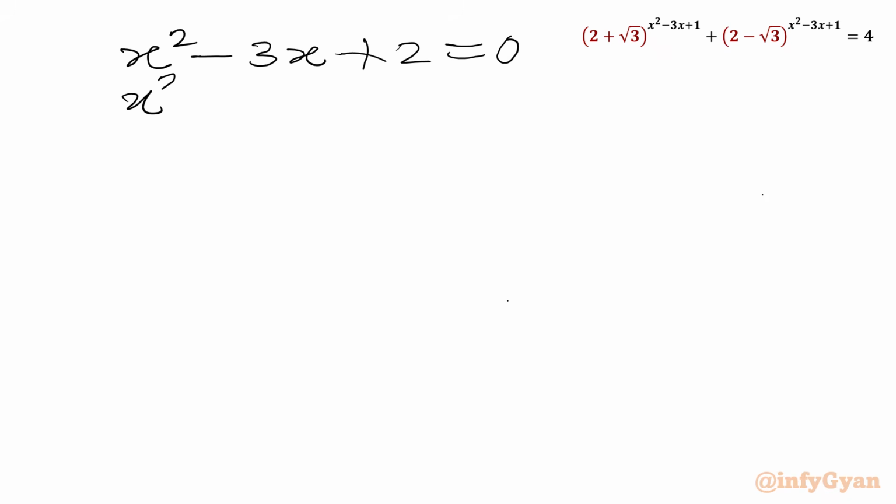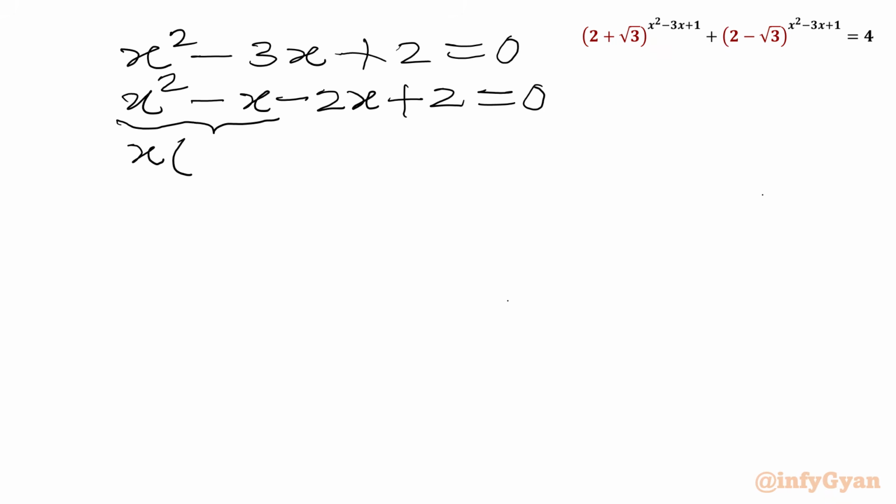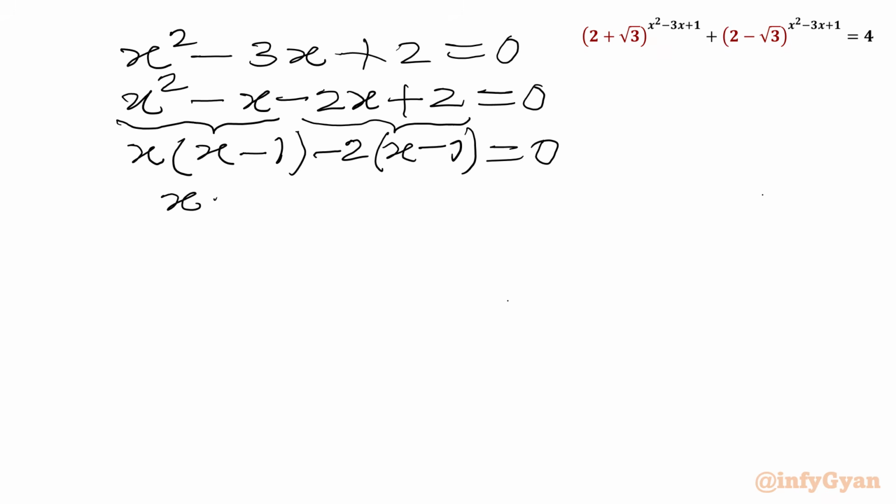So we will split our middle term: minus 3x is minus x minus 2x, plus 2 equal to 0. From first two terms we can take x common out. So in the bracket we will get x minus 1. From next two terms we will take minus 2 common out and get x minus 1 in the bracket equal to 0. So our factorization will become x minus 1 times x minus 2 equal to 0.